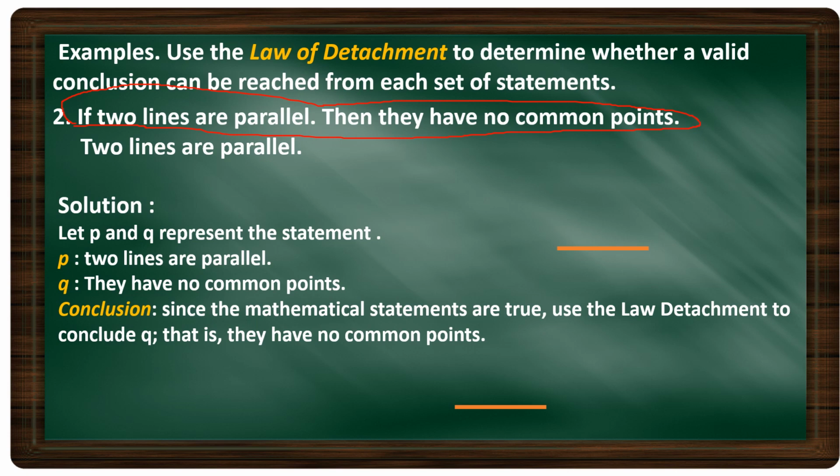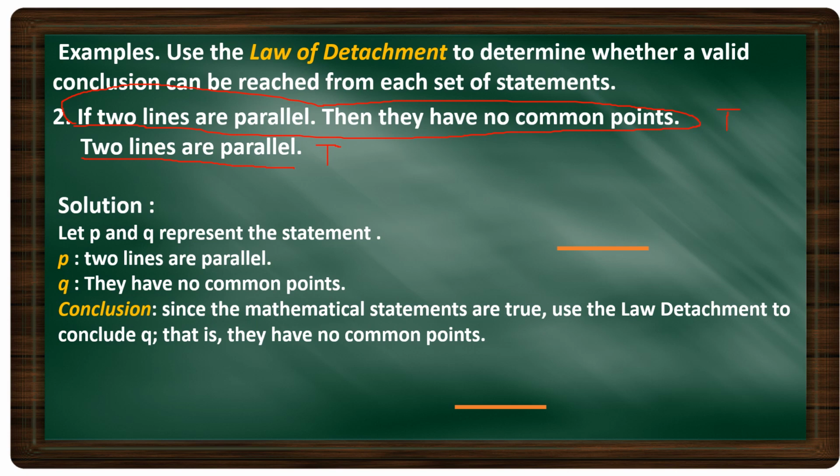Then, after na inilagay niya ang kanyang conditional statement, we have the next statement which is the hypothesis. Ang hypothesis po natin is two lines are parallel. So since ang atin pong hypothesis is true, and our conditional statement is also true, and therefore, ang atin pong magiging conclusion must also be true.